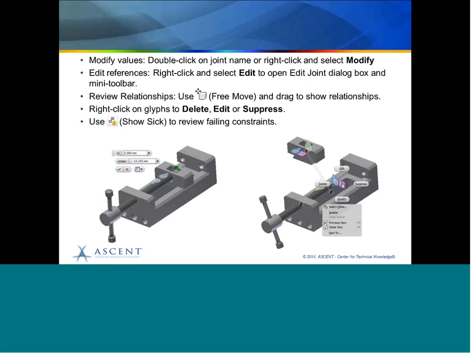I'm going to flip back to my presentation quickly and just talk about some editing. So, in the real world, you don't always get everything perfectly the first time. You need to go back in and edit some of these joints. You can do this a number of different ways.